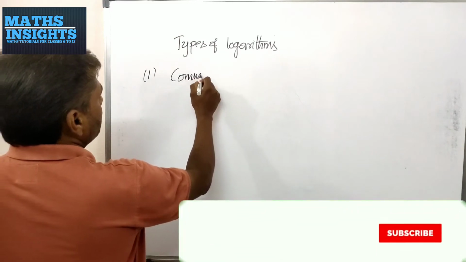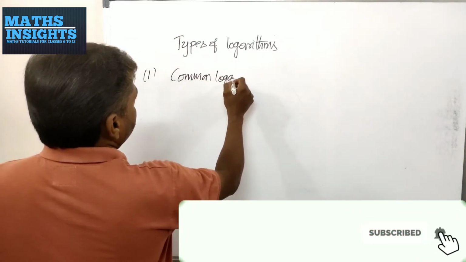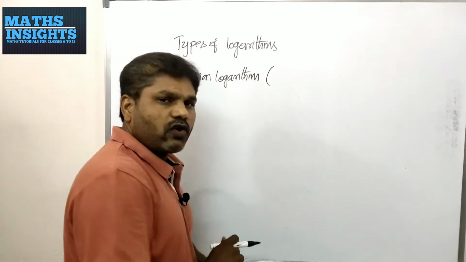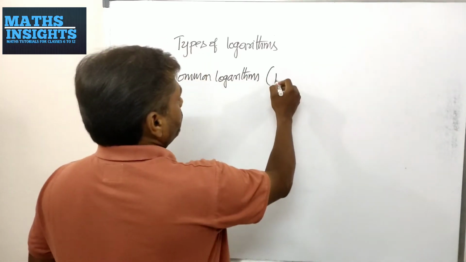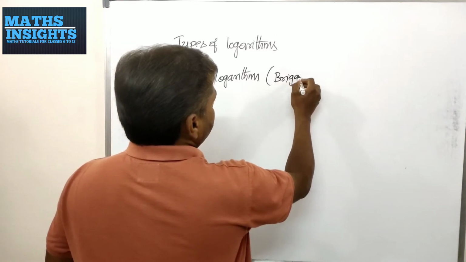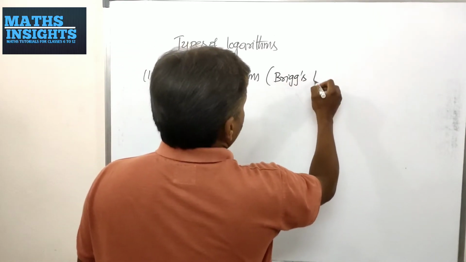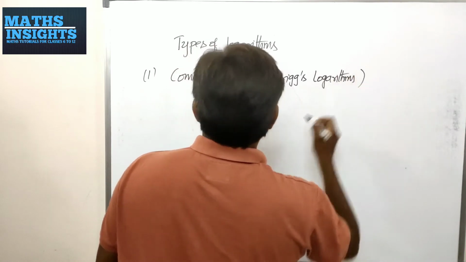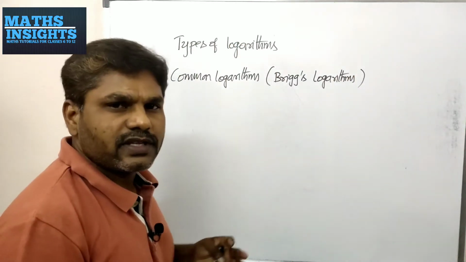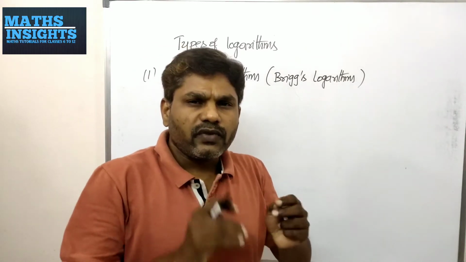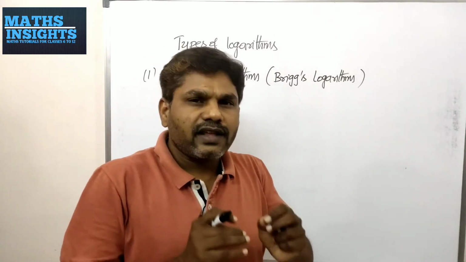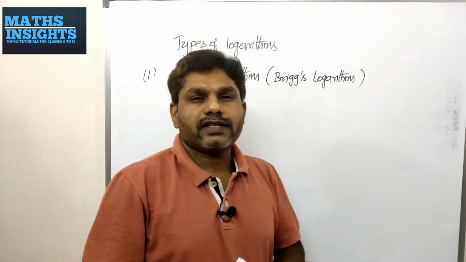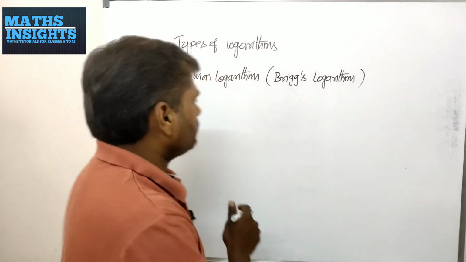Common logarithm, otherwise it may be called Briggs logarithm also. Briggs is the name of a scientist, that's why we call it Briggs logarithm. When any logarithm contains 10 as its base, then we say that it is a common logarithm.